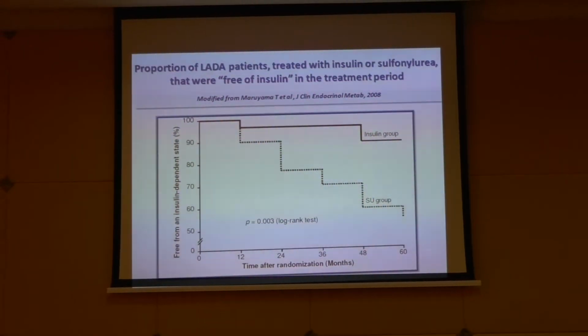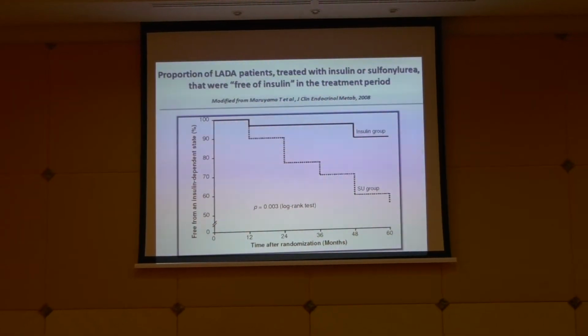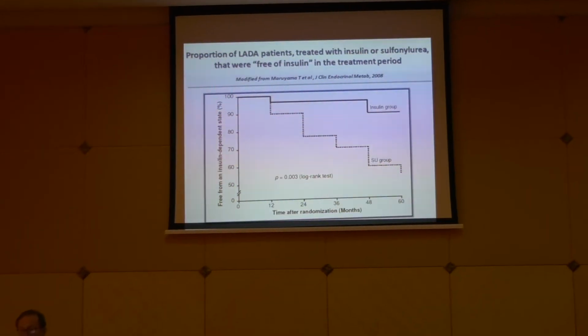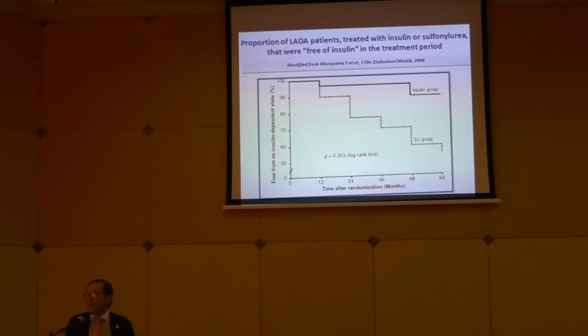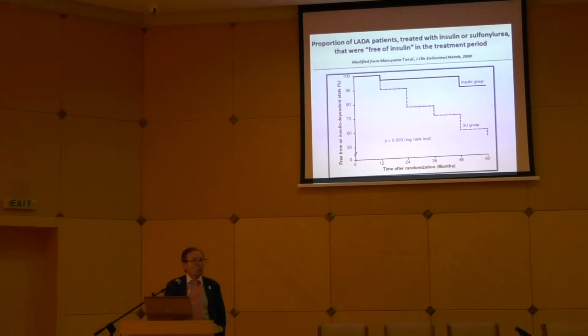I think that this study, published 10 years ago in JCEM, and then confirmed by other studies, definitely defined that patients with LADA treated with sulfonylurea can actually be pushed towards insulin therapy.